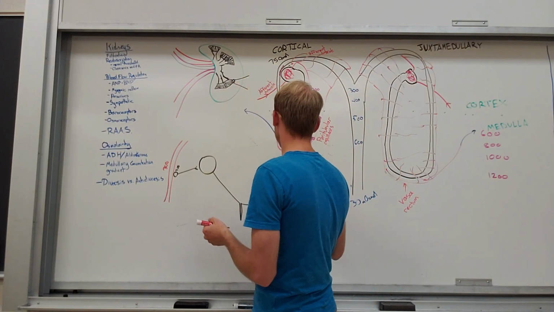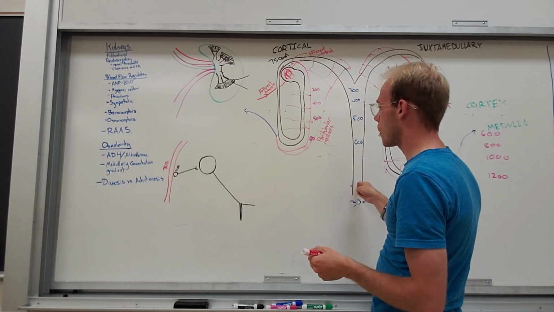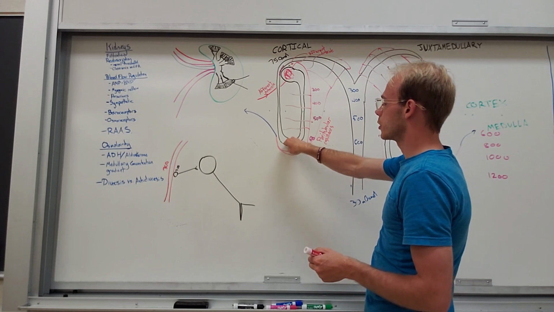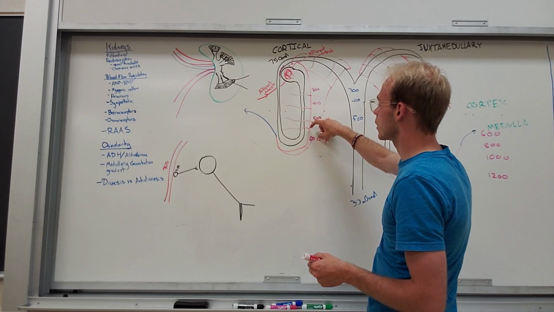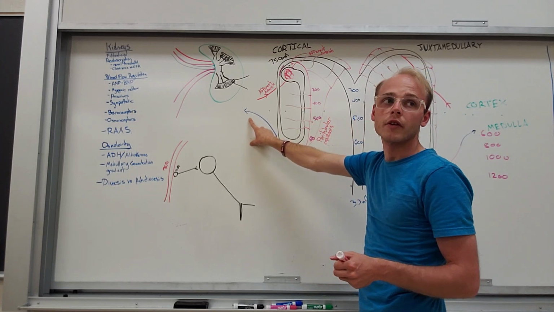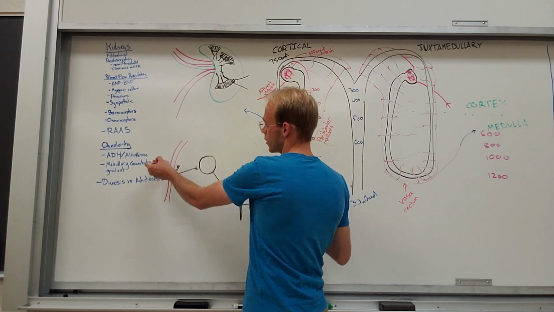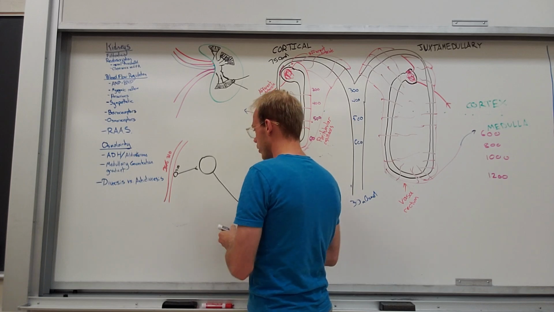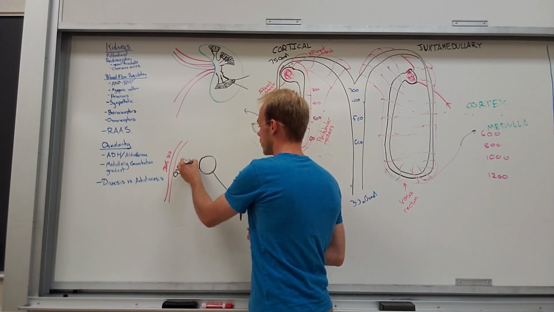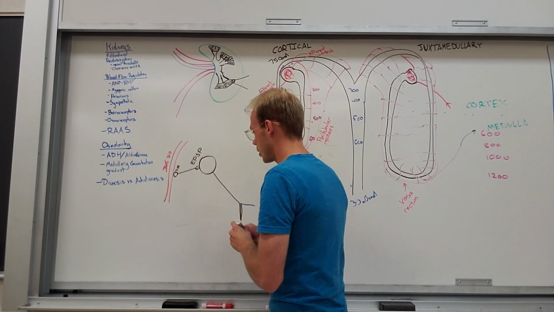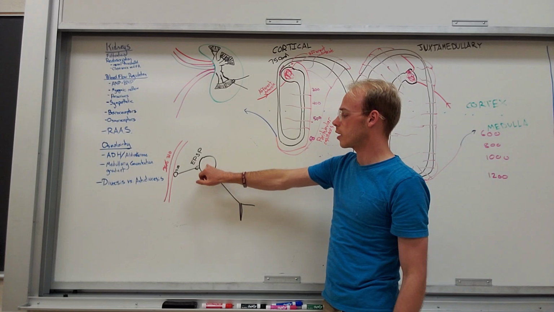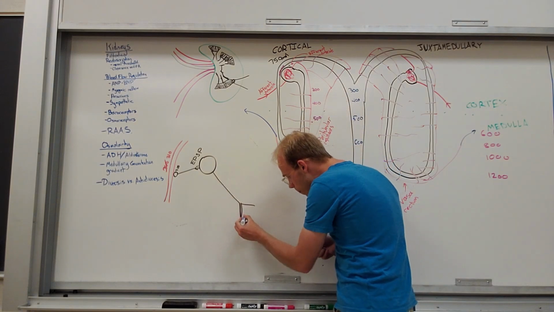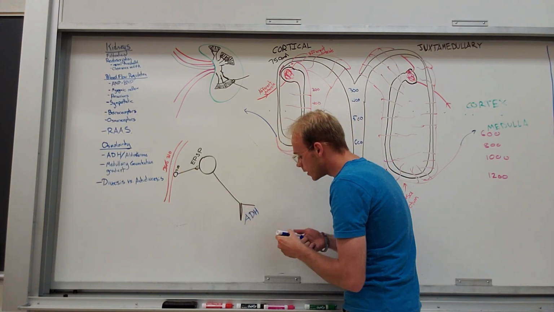If you start having a lot of water pulled out into here, you're going to start increasing the osmolarity of the blood over time. If this increases to like 310, this is going to cause an EPSP, or excitatory postsynaptic potential, and it's going to cause this cell to release ADH.